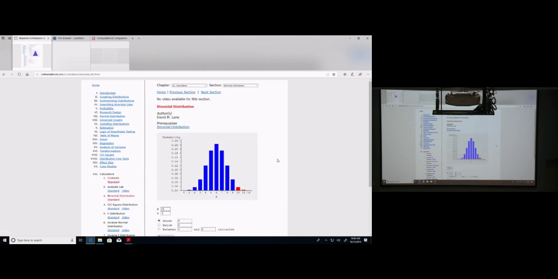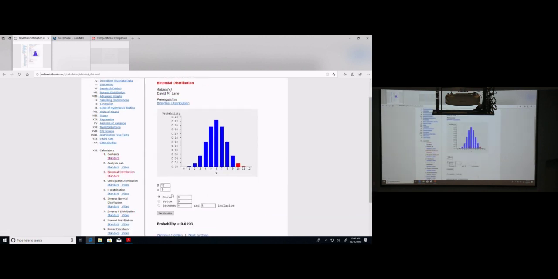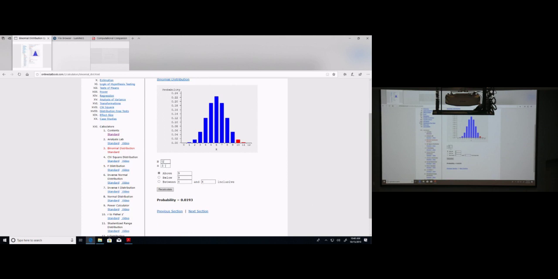So this is a binomial. For the binomial, you have to enter the n, and then he called it pi. I don't exactly know the notation. Probably it's the mean of the random variable. And then you can choose the above. So this is what we call the upper tail.